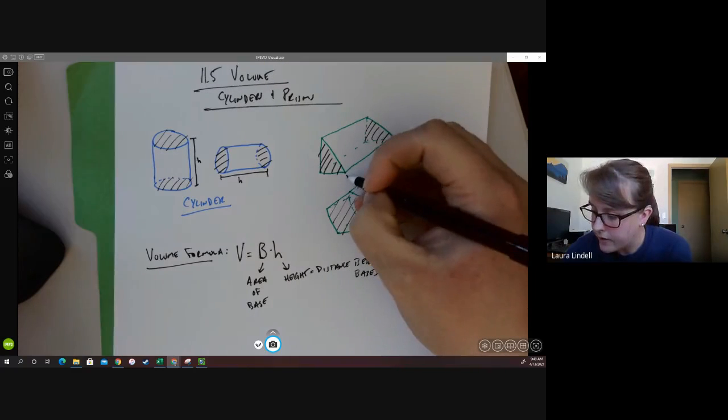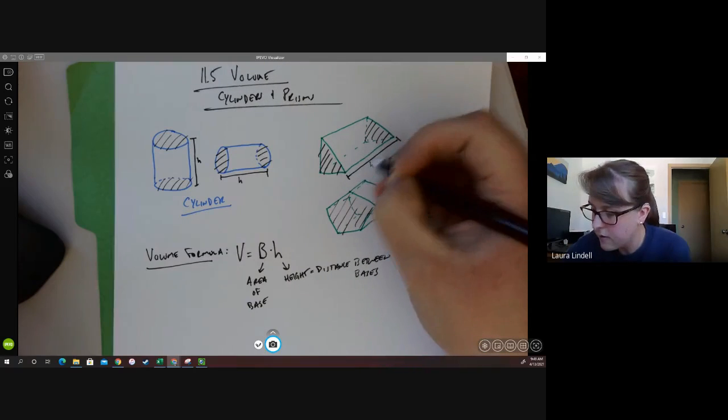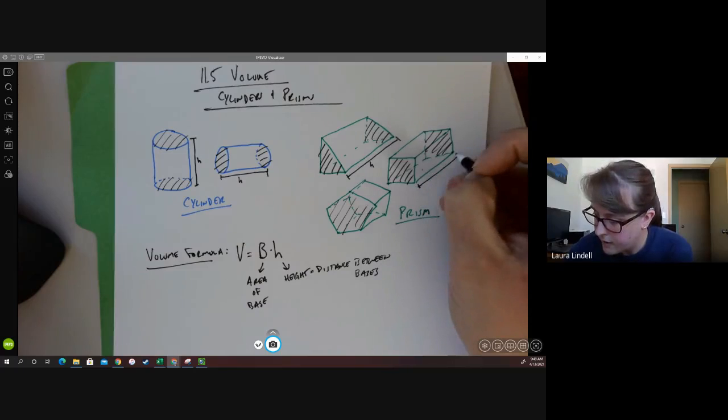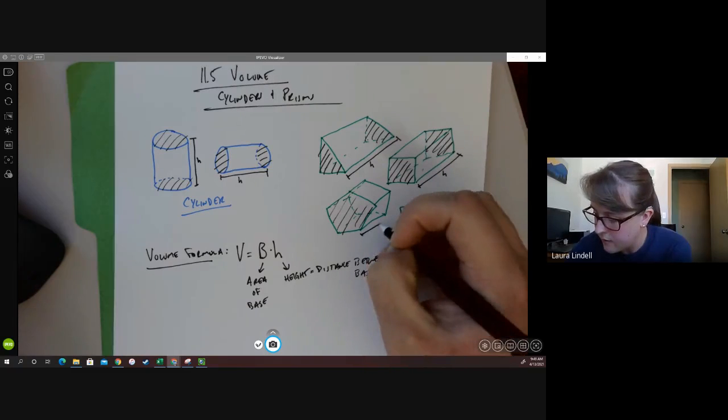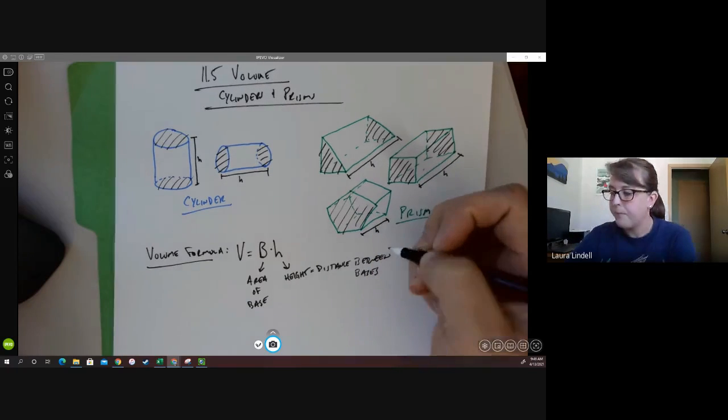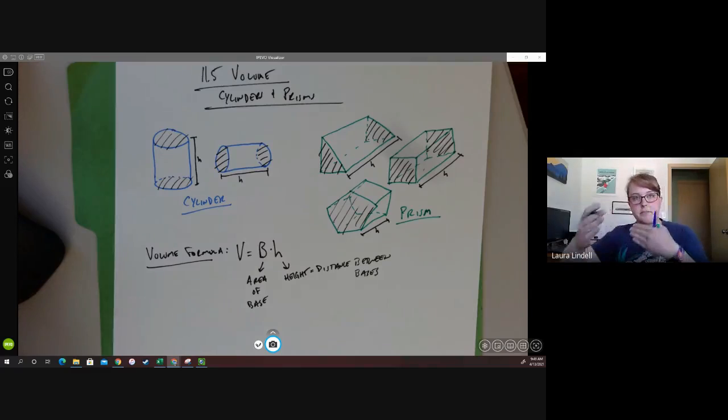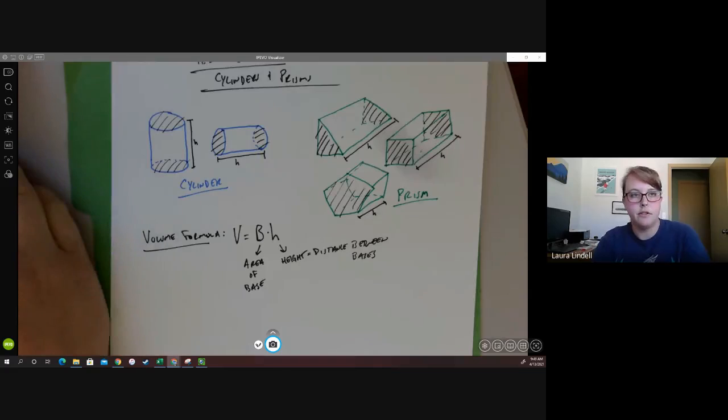Or the height for this. And here's our height. All right, so it's that distance between the two same faces there. Okay, so we've broken down what is a cylinder or a prism, what is our volume formula. Any questions so far?